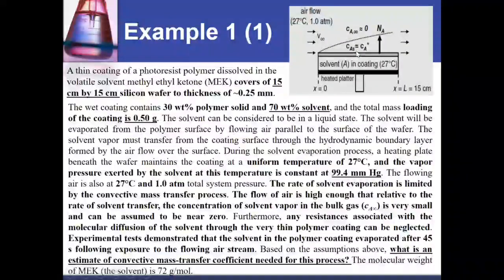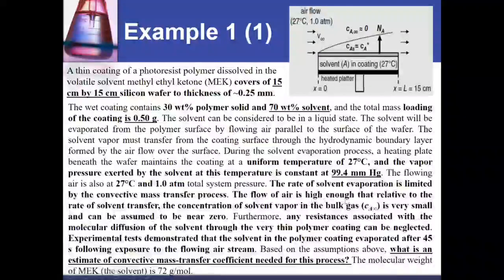Otherwise, there will be a concentration gradient here for CAS, or the CAS will depend on time. But it's mentioned here that the vapor pressure is constant. The vapor pressure being constant means that CAS is constant. So the rate of evaporation is limited by the convective mass transfer process.